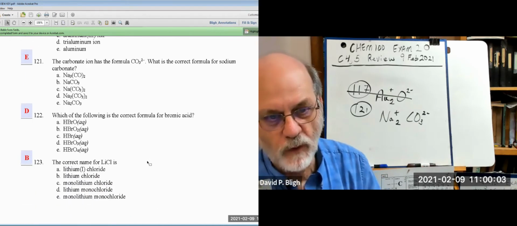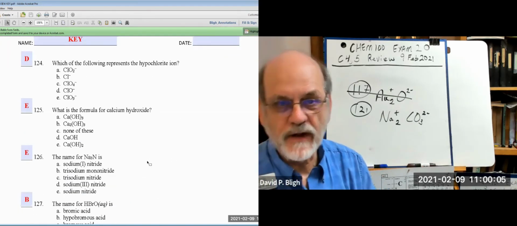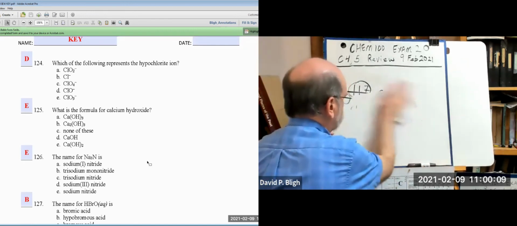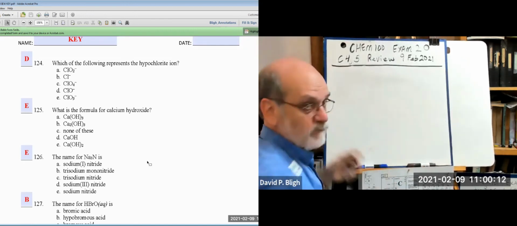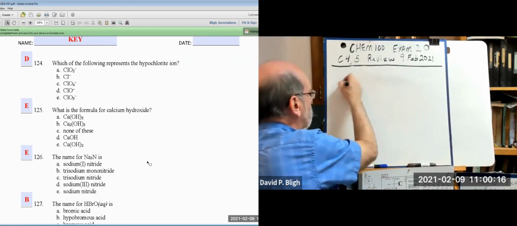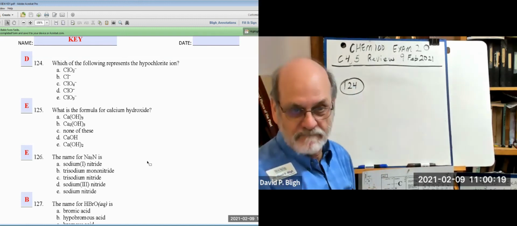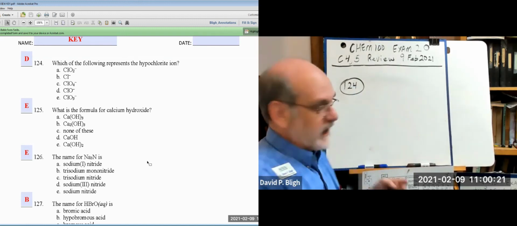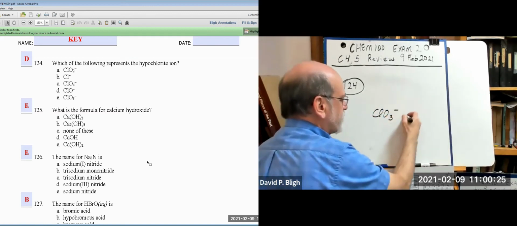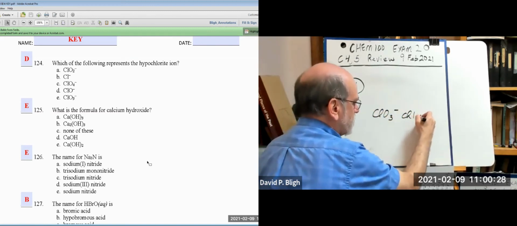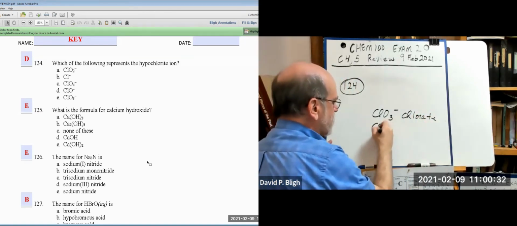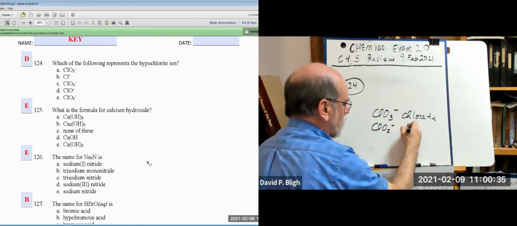How about 124? Which of the following represents the hypochlorite ion? Let's see, 124. All right. You remember that homologous group that I gave you? That's the chlorate ion. And ClO2- is the chlorite.